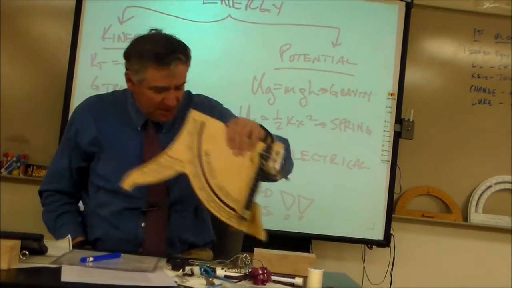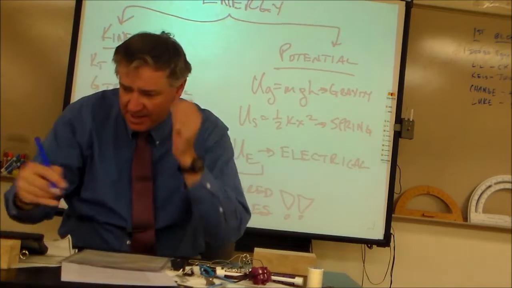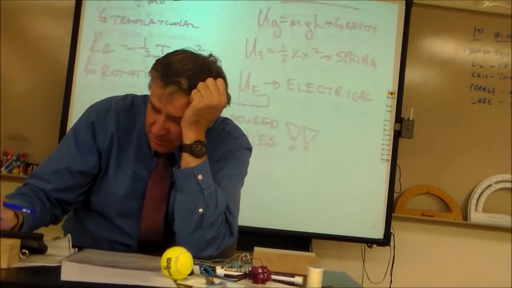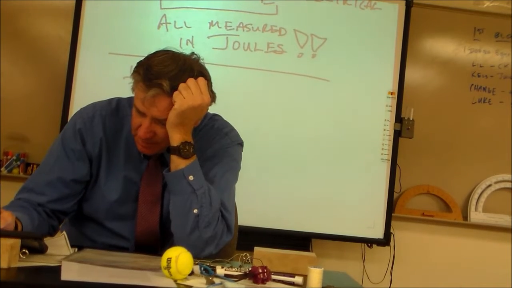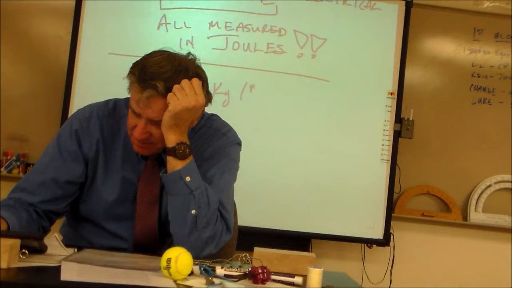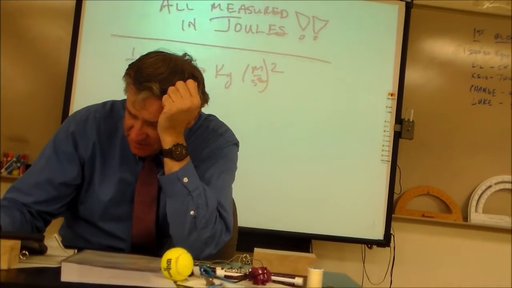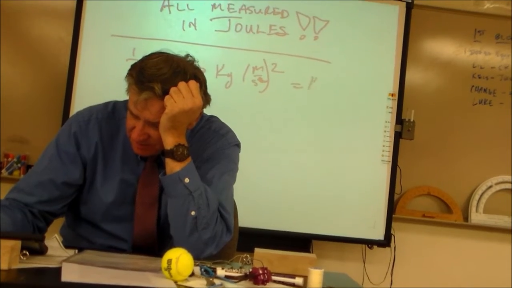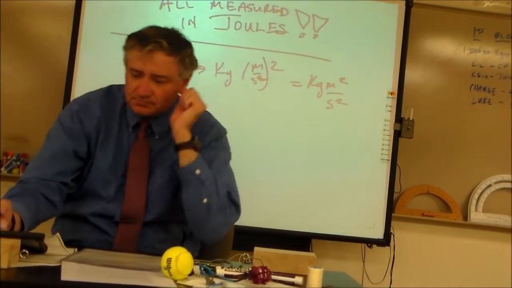So if you look at the units of energy, let's look at 1/2 mv squared, right? So that's going to be kilograms times meters per second, and that whole thing is going to get squared. So I get kilograms meters squared over second squared.